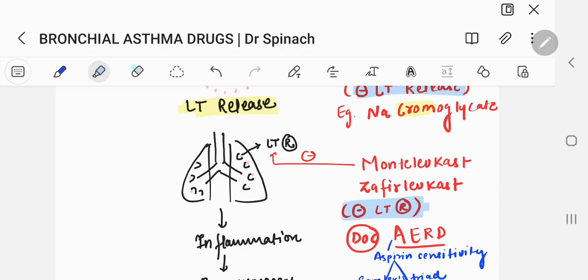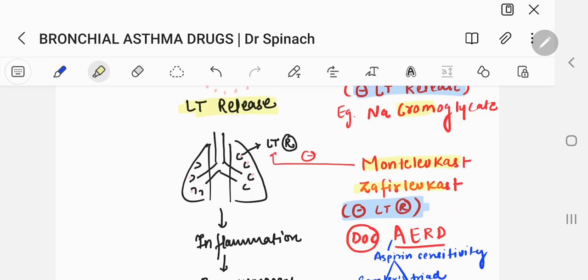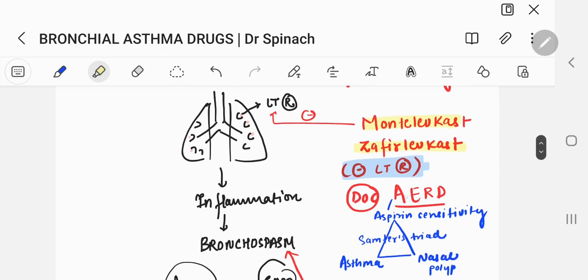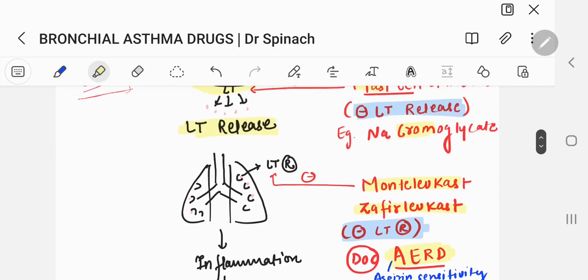These are montelukast and zafirlukast. I'm pretty sure you might have heard about these, right? These are also the drugs of choice for aspirin exacerbated respiratory disease. The triad of this disease is known as Samter's triad, which consists of aspirin sensitivity, asthma, and nasal polyp.